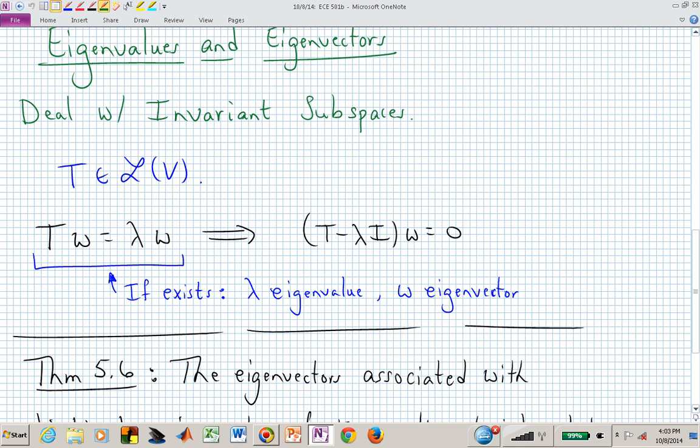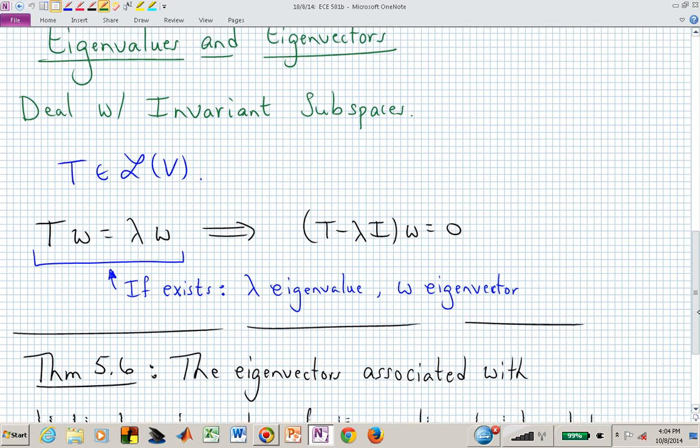If Tw equals lambda w does have a solution, then that implies that we have that eigenvector living in a particular null space, T minus lambda I times a vector, where if that is equal to 0, then we can find this non-trivial vector w that is indeed an eigenvector, associated with the specific lambda that allows this equation to hold.